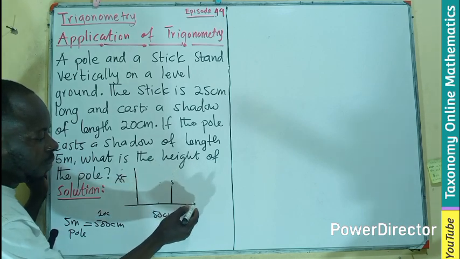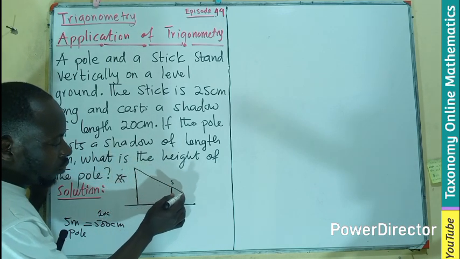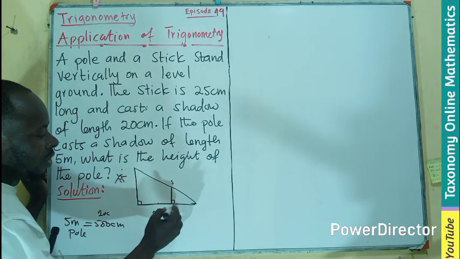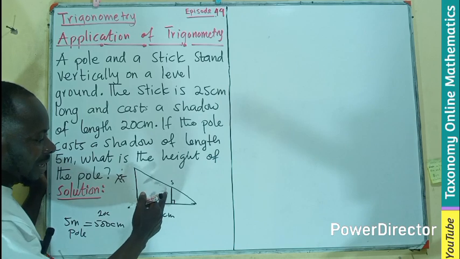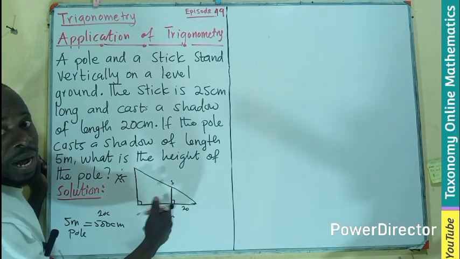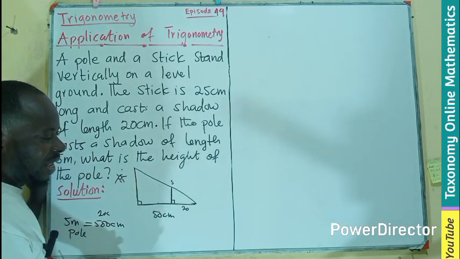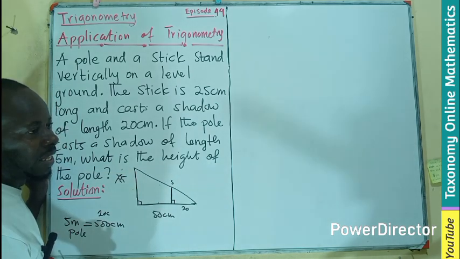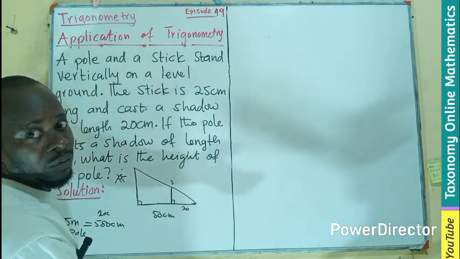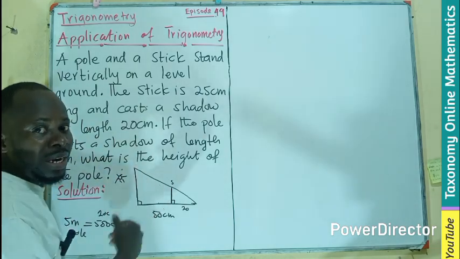If I connect their height to where the shadow is falling, this will give me the right angle triangle that I'm having: a stick, a pole, and shadow. This is how it's going to be. The shadow will not fall on the opposite side of where they are, because the sun is at one side, so the shadow will fall in that regard.